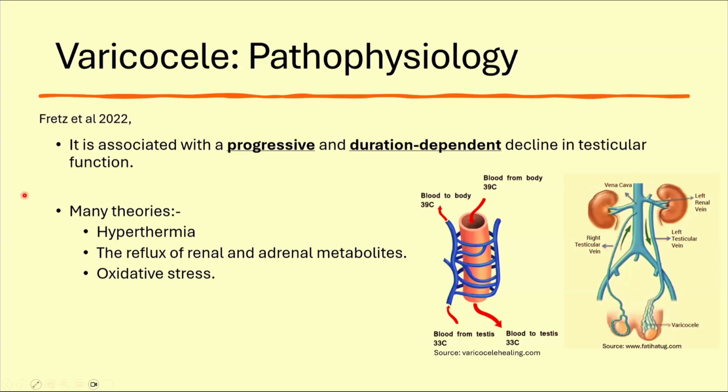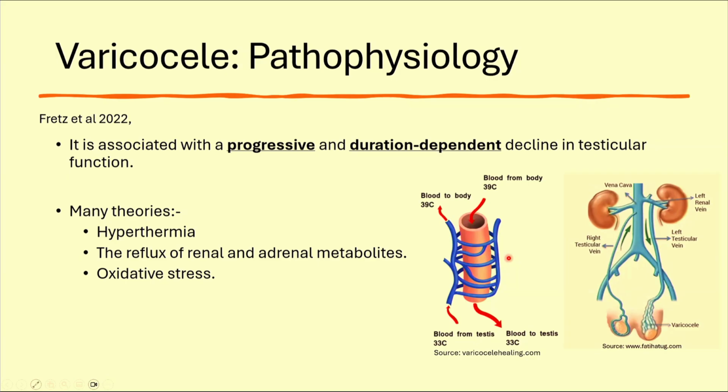One of these theories, the most plausible, is hyperthermia. Basically, as the blood goes through the testicular artery towards the testes, where there is a lower temperature, heat exchange between the artery and the vein allows the microenvironment of the testes to be at a lesser temperature, which is optimal to enhance spermatogenesis and Leydig and Sertoli cell functions.